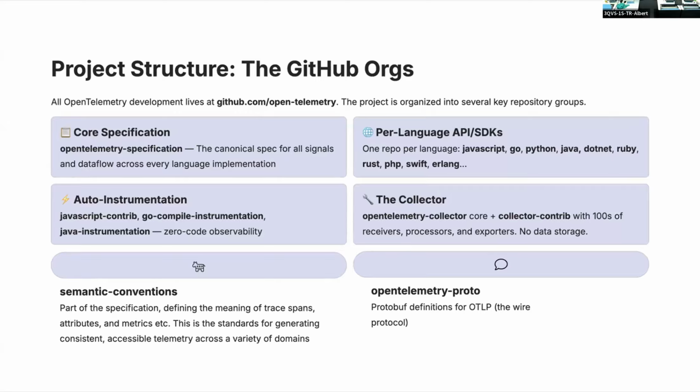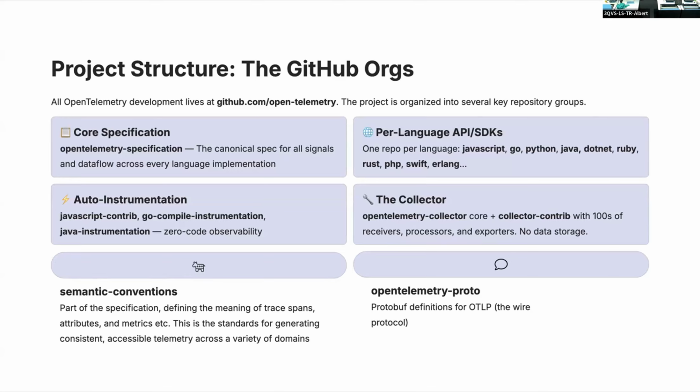It does not specify the detailed language interfaces, but it defines the data flow so that the data produced by OpenTelemetry SDKs and APIs will be equally consumable and equally interpretable by different vendors, because the data flow is defined by the OpenTelemetry specification, and you can assume how the data is being produced and whether the data can be modified later or something like that. And then there come per-language APIs and SDKs, each in their own repo.